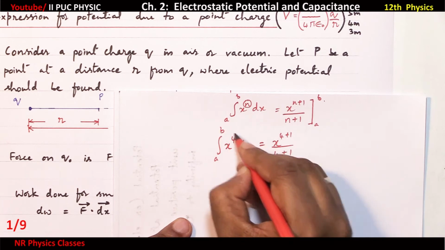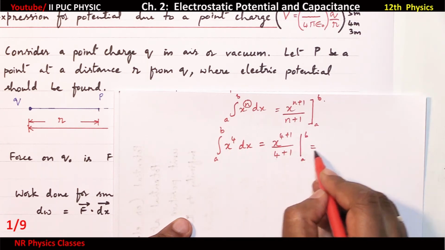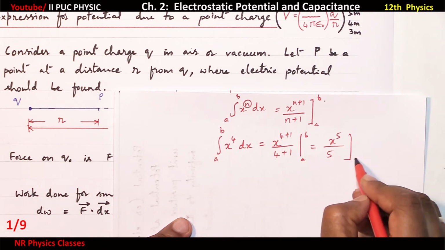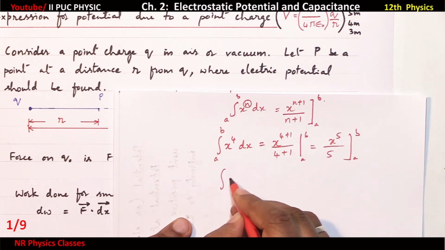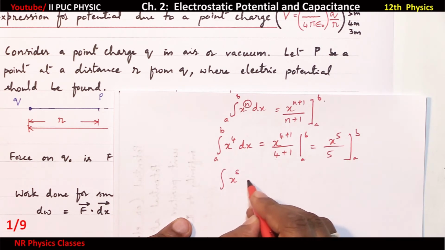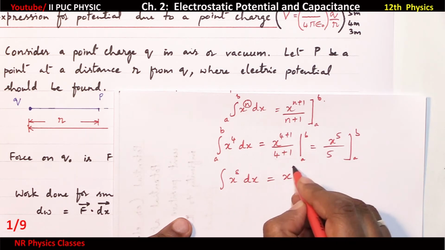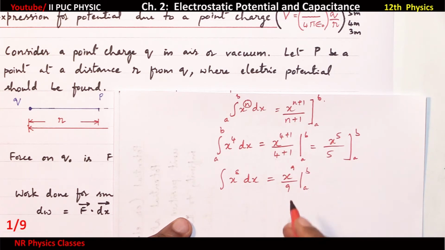Limits are from a to b. Simplify. Denominator is 5. Numerator is x to the power of 5. Integration of x to the power of 8 dx: x to the power of 8 plus 1 is 9, by 9. Limits are from a to b.